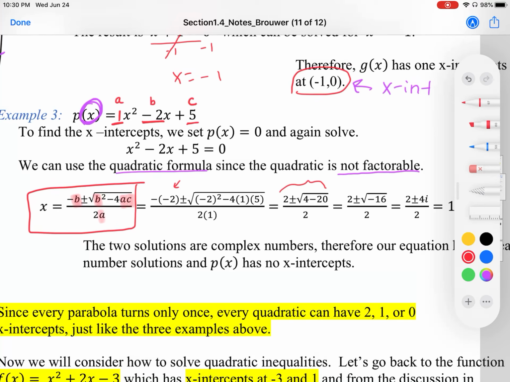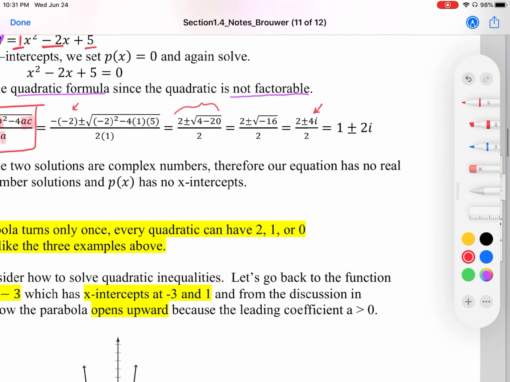We get negative 16. Now, big question. Can I take the square root of a negative? We can't, right? That goes against our radical rules. And we go into i's, imaginary numbers. So our final answer would be 1 plus or minus 2i.